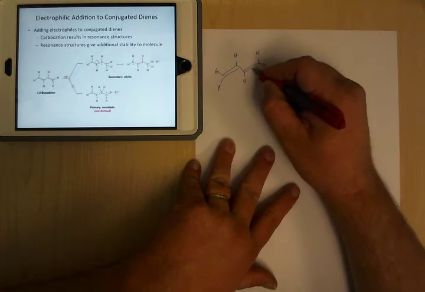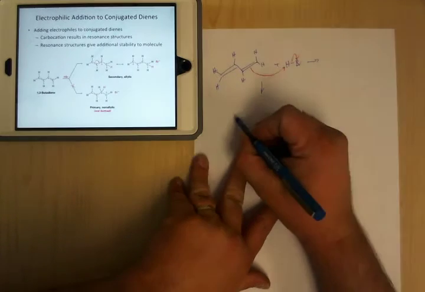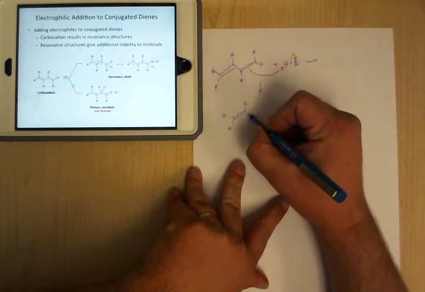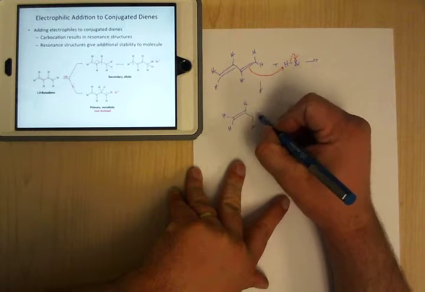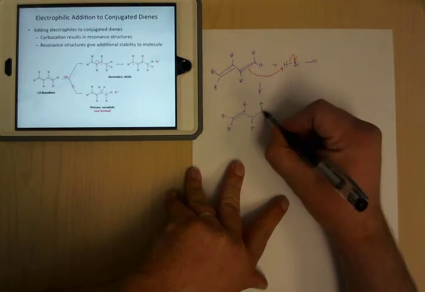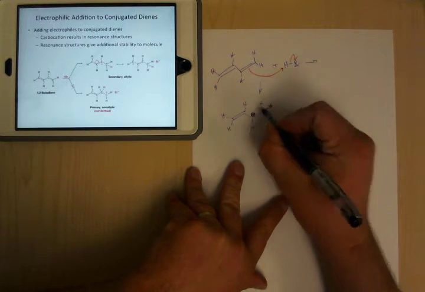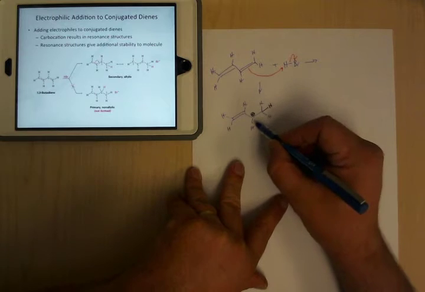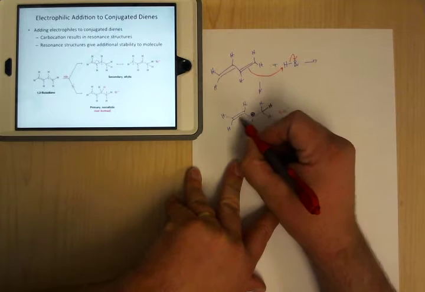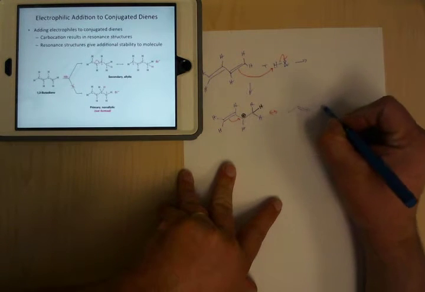This double bond is going to come here and attack, pushing that away, and here's the new H that's added. We also have a positive charge there, because this carbon only has 3 bonds now. And so what can happen is you can do a resonance structure where this moves over there to form this.